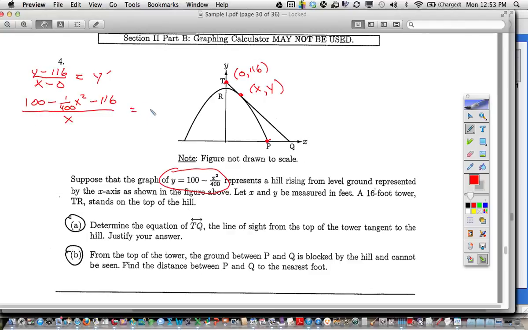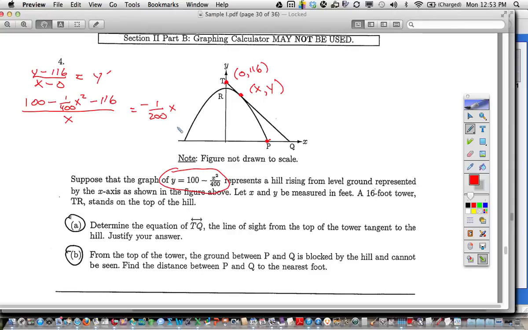And then y prime would be what? Negative 1/200th x. Okay? Derivative of 100 is 0. This would be 1/400th x squared. Bring the 2 down in front. That'd be 2/400ths, which would be 1/200th x to the first. So those got to be equal.